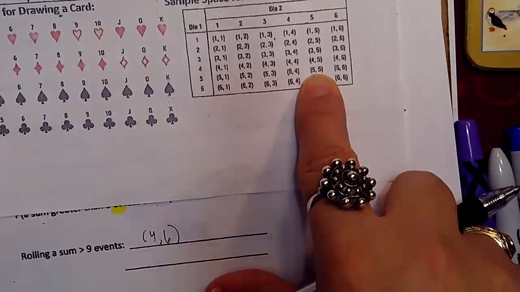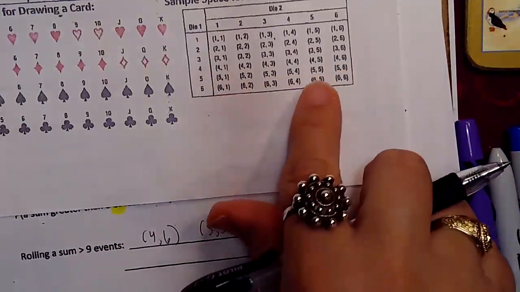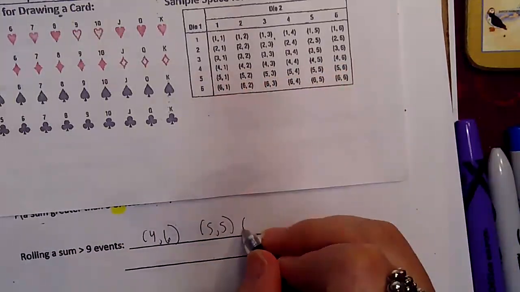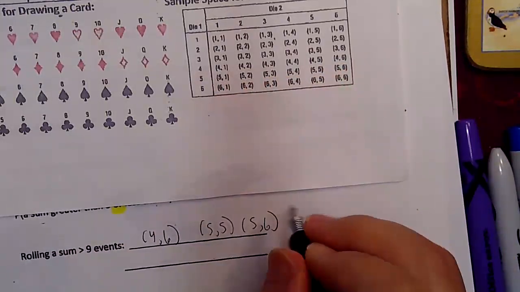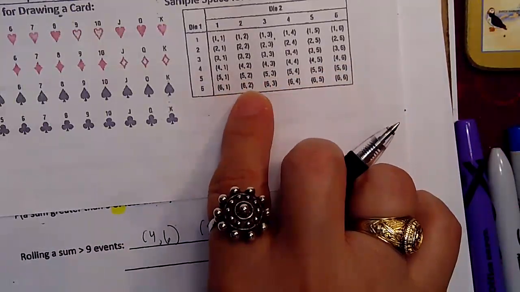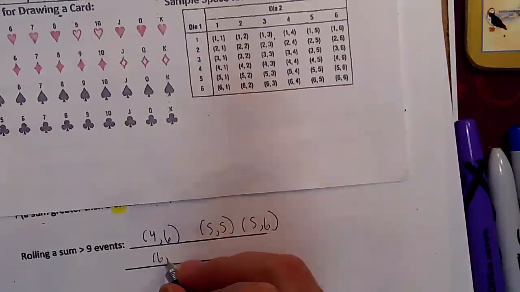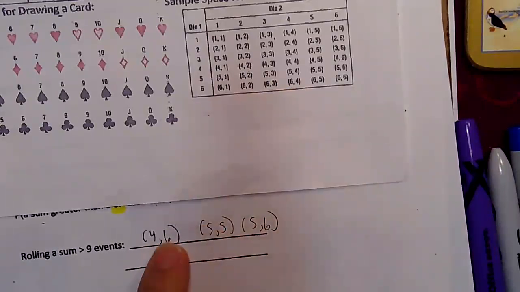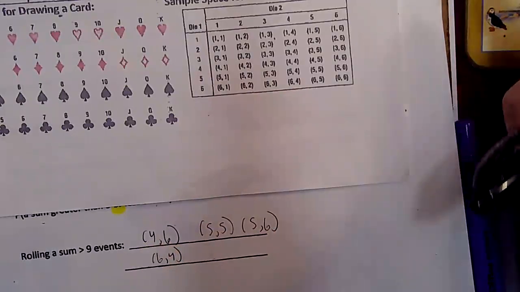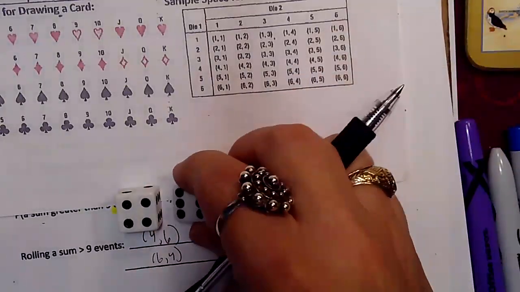Here's another one. 5 and 5 is 10. 5 and 6 is 11. 6 and 4, which is different from 4 and 6 because of the first die. Here, the first die lands on a 4 and the second one lands on a 6.